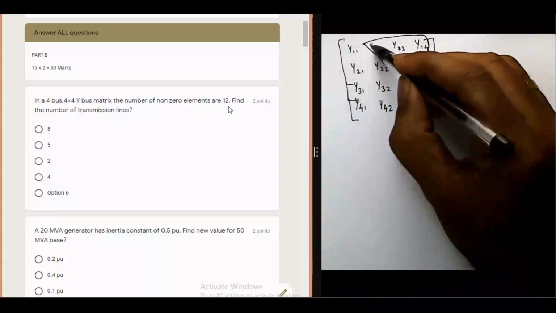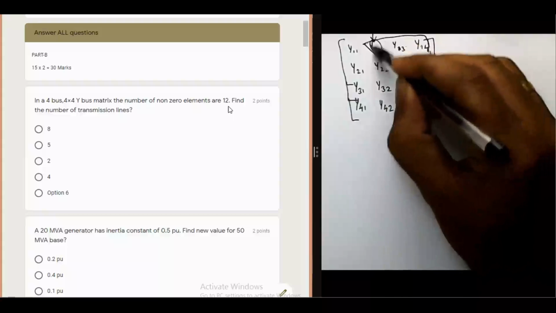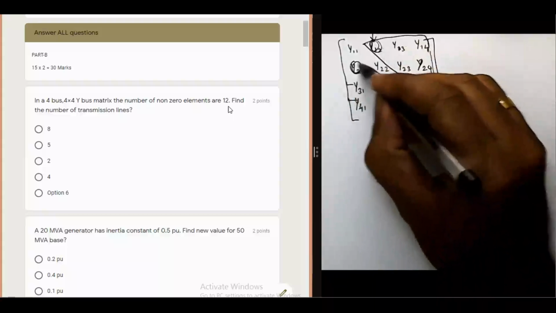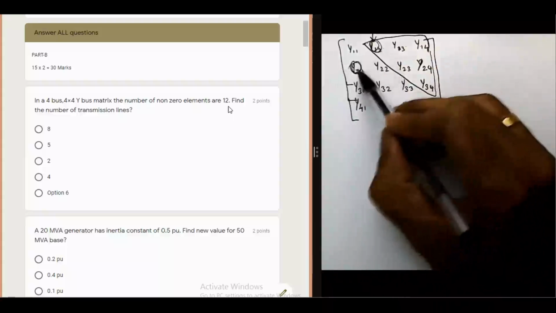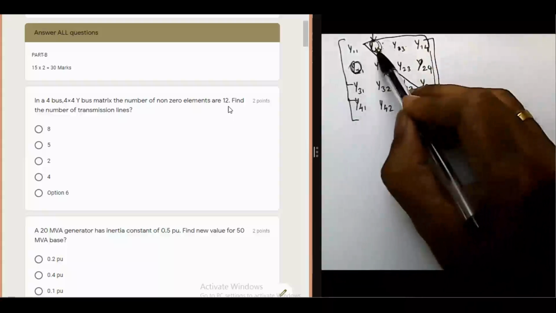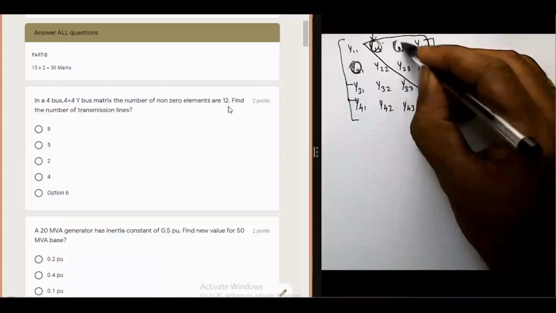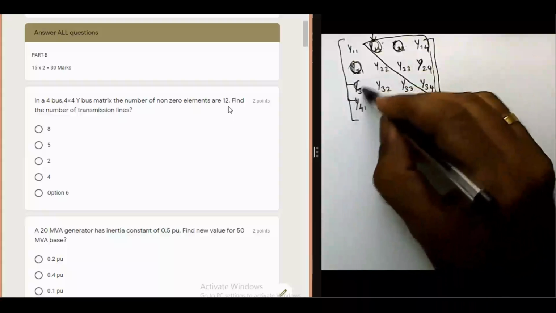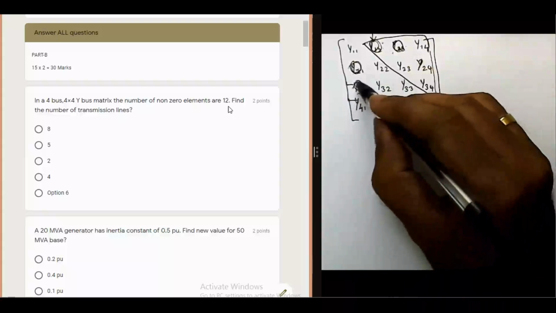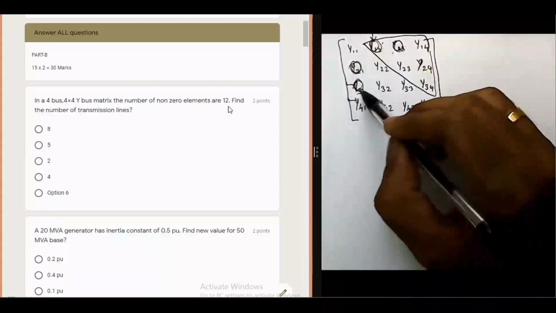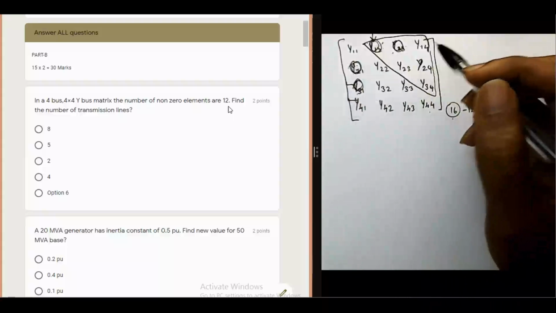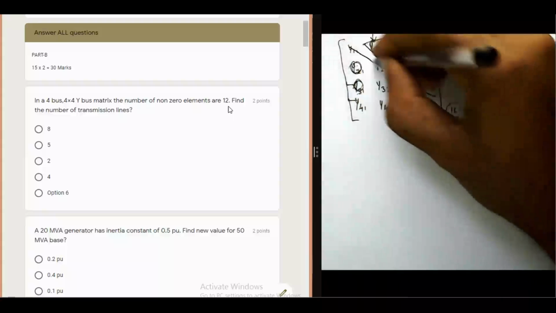Suppose this element is 0, this element also 0, because these two are symmetrical values. Then this value is 0 means this value also 0, Y23 is equal to Y31. Here I mark the 4 zero elements. Then also I cut the diagonal elements.